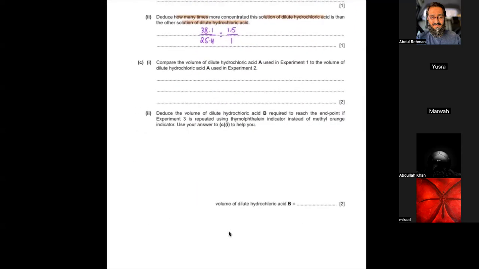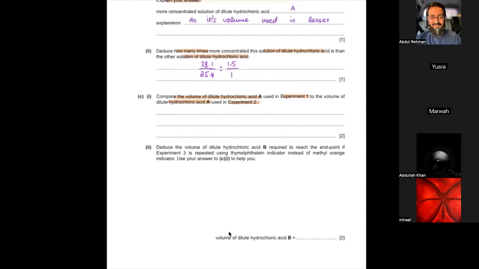Now, compare the volume of dilute hydrochloric acid A used in experiment 1 to the volume of dilute hydrochloric acid A in experiment 2. In both experiment 1 and experiment 2, we have used the same hydrochloric acid, so they are asking to compare the volumes.